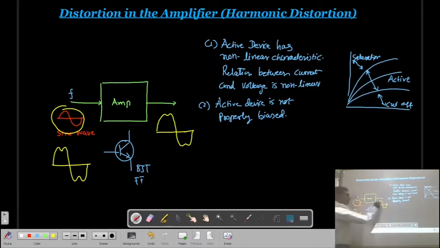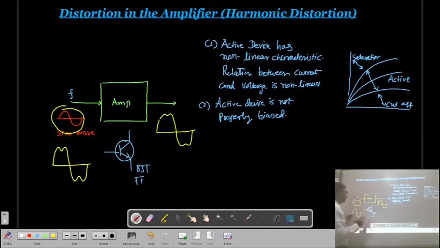Now why has the shape of this signal changed? Basically, whenever we have non-linear characteristics, it will introduce harmonics. So due to these harmonics, the shape of the output signal is changing.